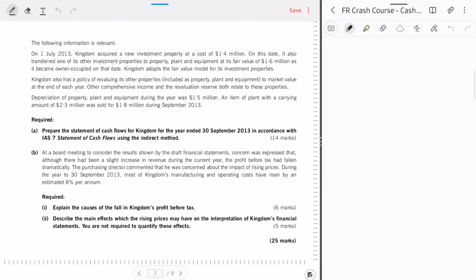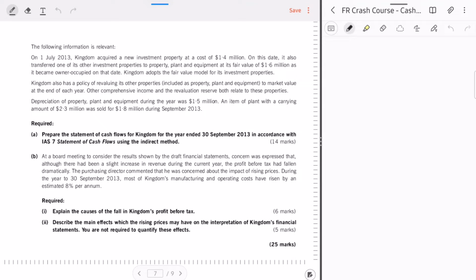What is our requirement? We are required to prepare the statement of cash flows for Kingdom for the year ended 30th September 2013 in accordance with IAS 7 Statements of Cash Flows using the indirect method.